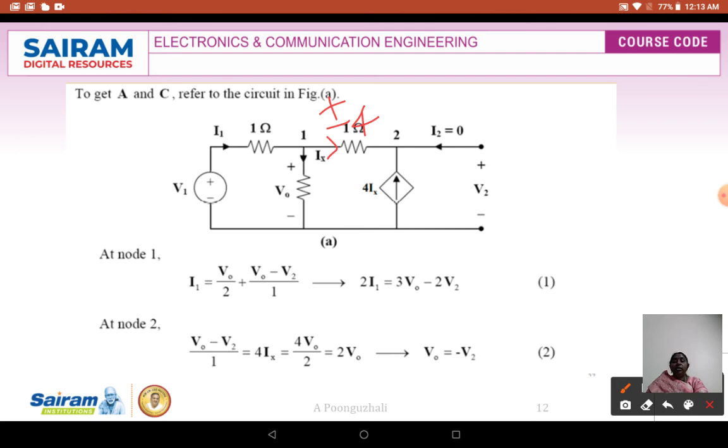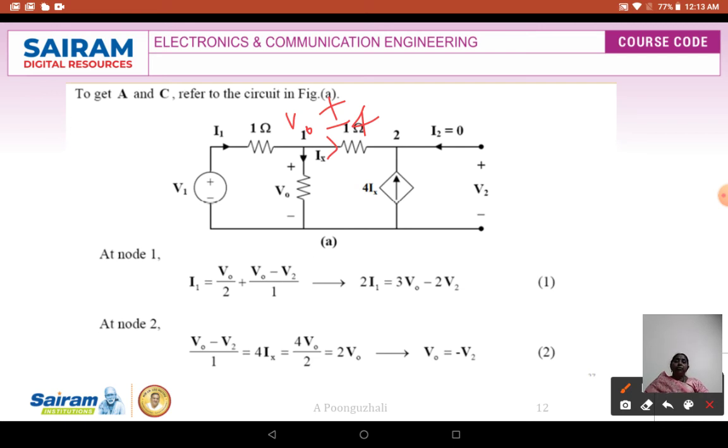Ix is V0 divided by 2, the voltage at that point being V0. We can say the same voltage drop is developed at this point, because the other end is connected to a resistor. So it is V0 divided by 2 plus V0 minus V2 divided by 1. If I simplify it, 2I1 is equivalent to 3V0 minus 2V2.